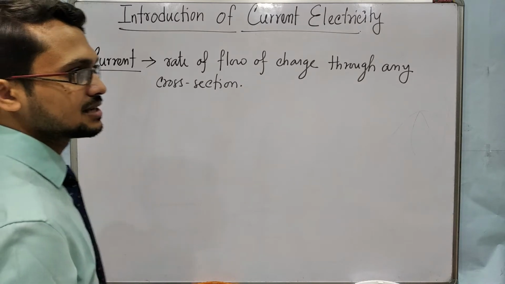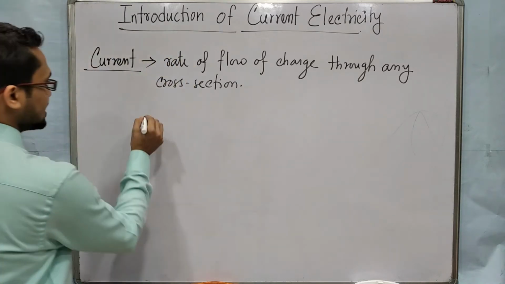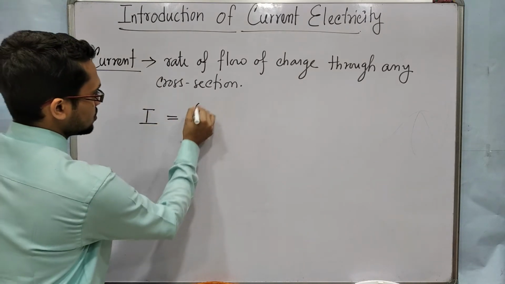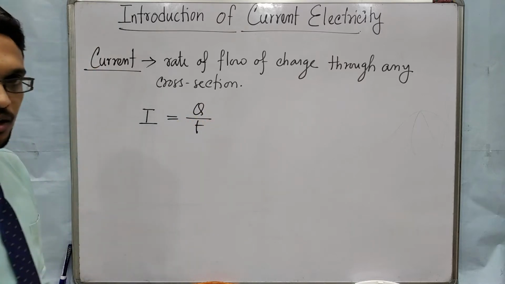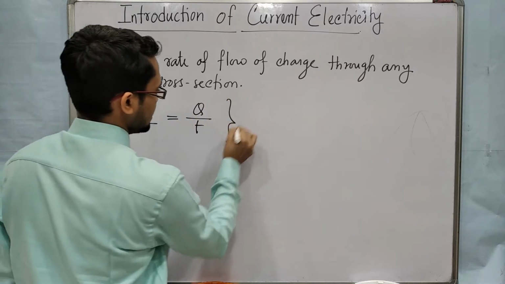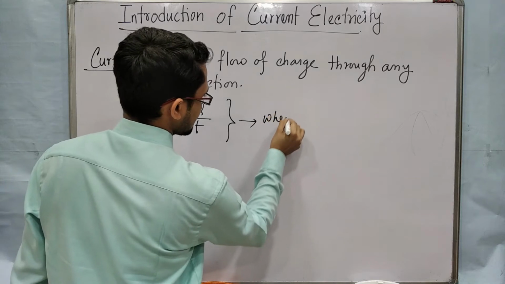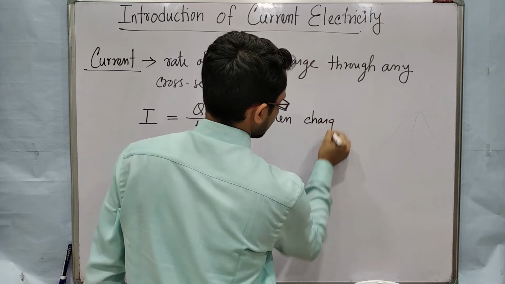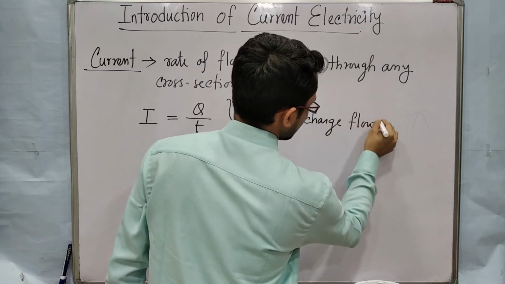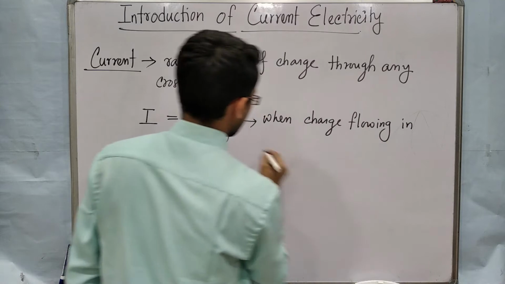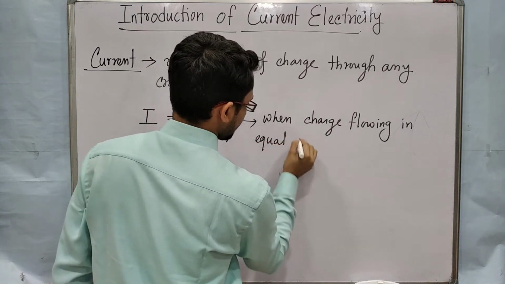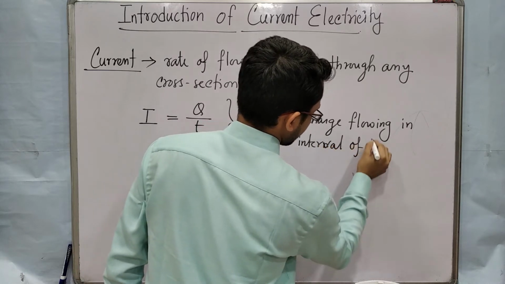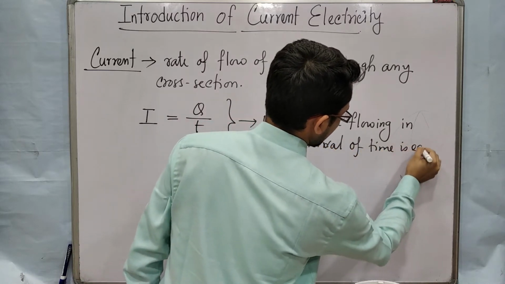In class 9, 10 you have read that current is denoted by capital I, current I equal to Q by T. This formula is applicable when the charge flowing in equal intervals of time is equal.